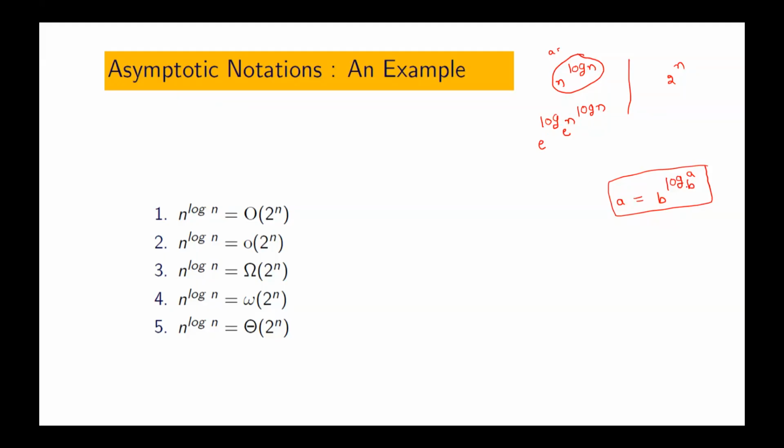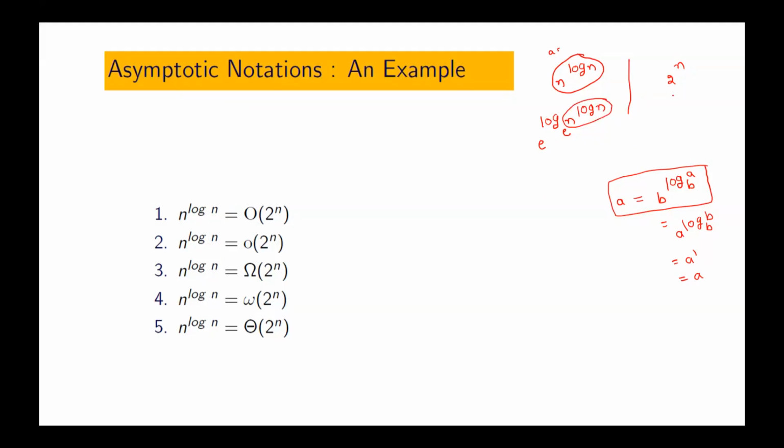Is it clear why? This can be written as a power log b base b. Log b base b value is 1, a power 1 is a. Hence, this entire quantity n power log n we can easily write as e power log n power log n base e. Is that correct?